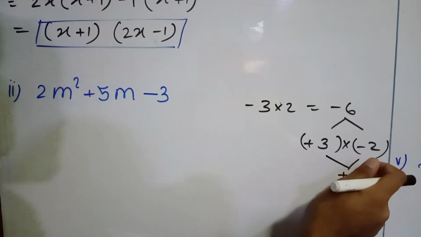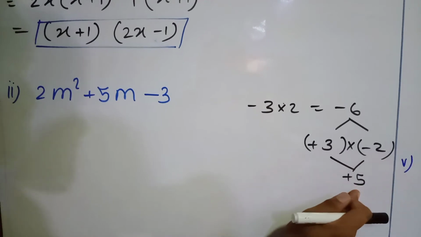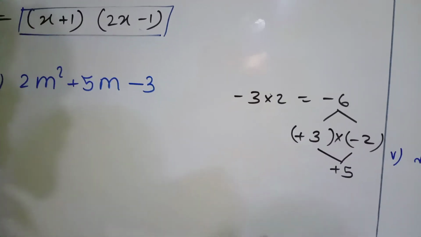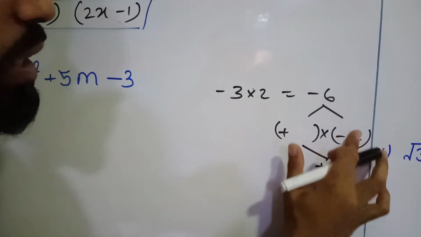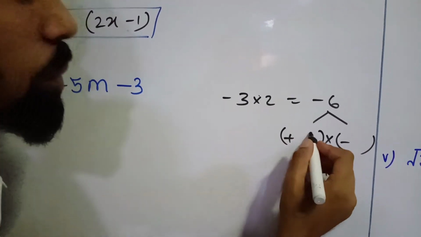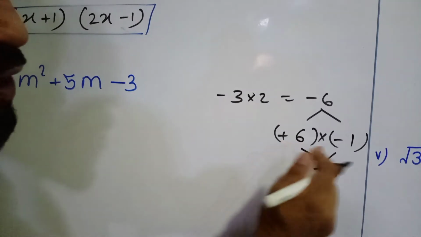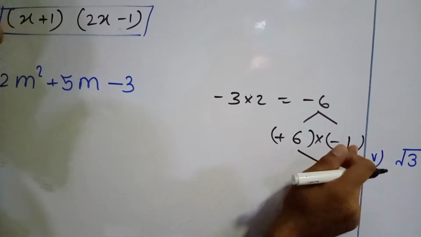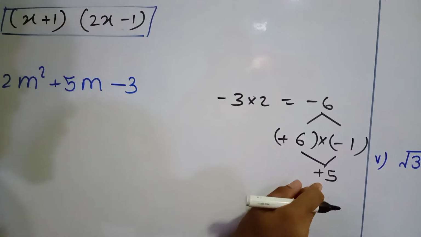Plus 3 minus 2 becomes plus 1, not plus 5. So this factor pair we cannot use, and we have to check another one. Now plus 6 minus 1: 6 ones are 6, plus into minus gives minus, and plus 6 minus 1, yes, this time we are getting plus 5.